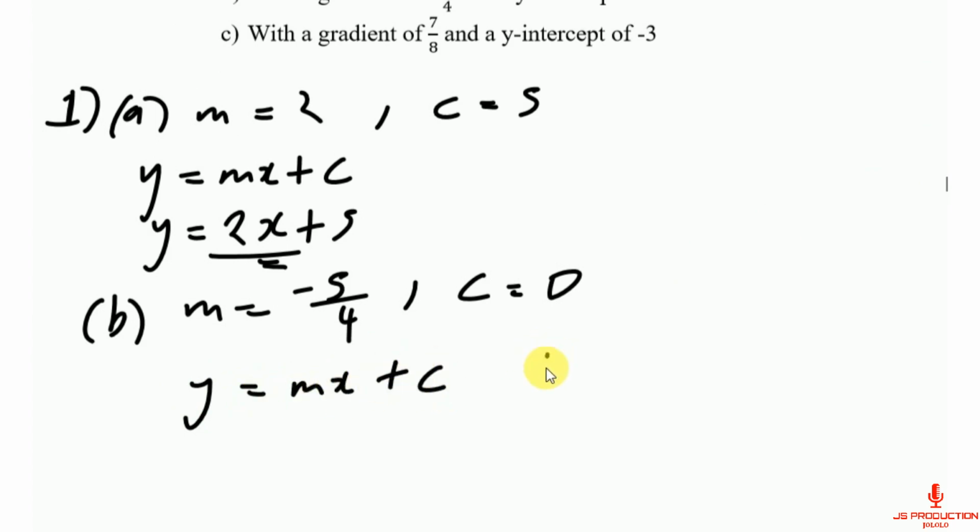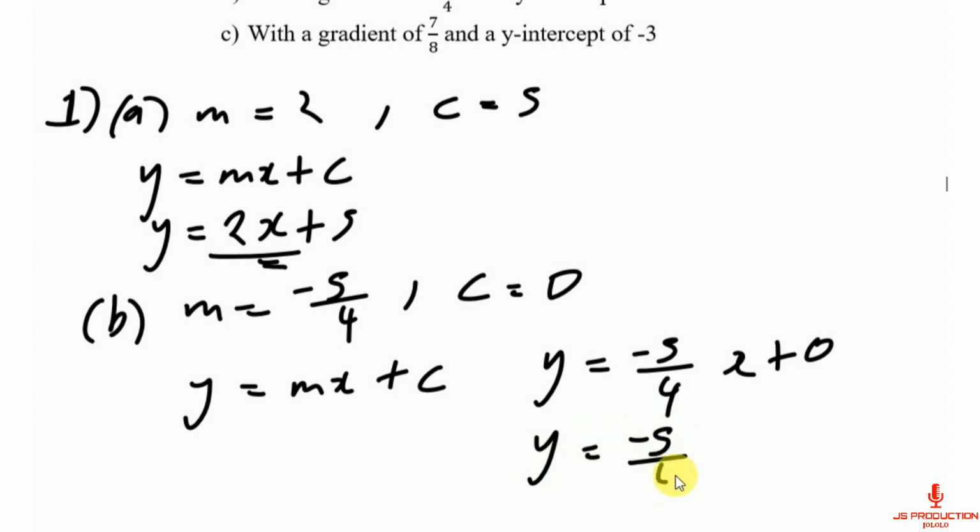We know m is negative 5 over 4, x plus, and our c we have been given as 0. So y is equal to negative 5 over 4 x. We're not going to write the 0, we're just going to write negative 5 over 4 x. So that's going to be our answer.